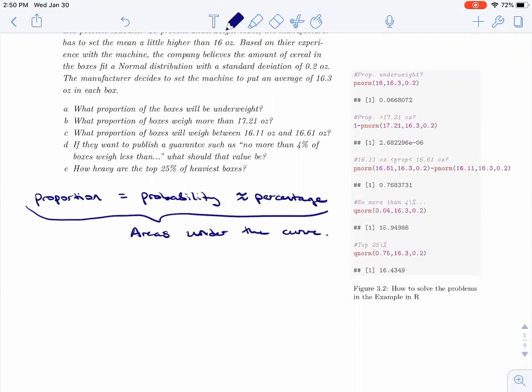So it doesn't matter what word we use there. The goal here, I'm asking what proportion of boxes. So I want to know the area under the curve that satisfies this underweight criteria.